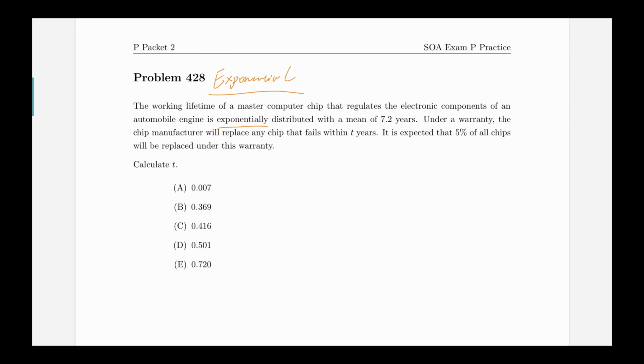So again, let's review. Since it has the mean of 7.2, the accumulation function F of x equals 1 minus e to the power of negative x over the mean, which is 7.2. And the density function will be 1 over 7.2 in front, and also e to the power of negative x over 7.2. So now the question is asking about any chip which fails.